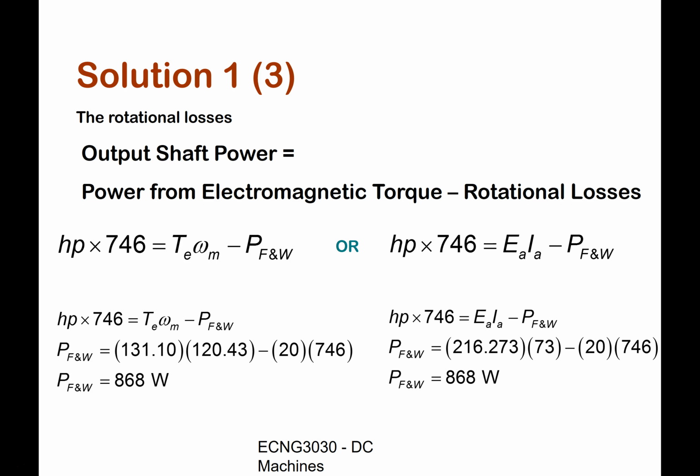Next, the rotational losses. So to find the rotational losses, what we have to do, remember, we have the electromagnetic power, and then if we look at the power flow of the motor, we have the electromagnetic power, which is EAIA, or TEωm, and this is the power delivered to the motor.